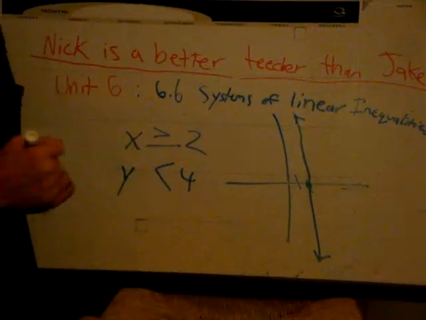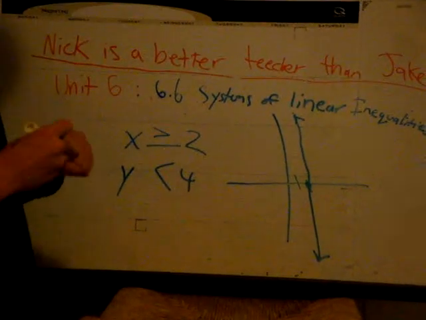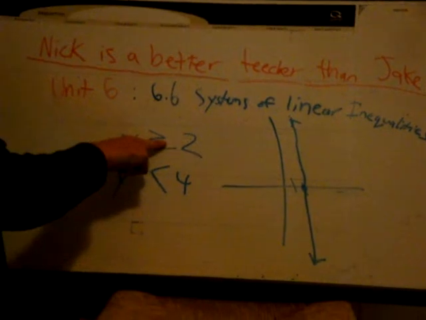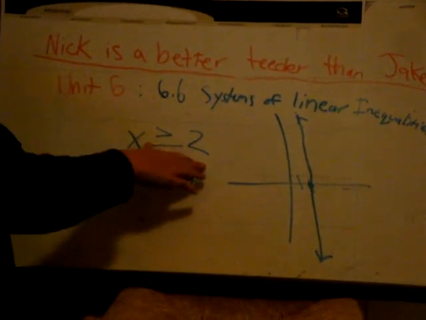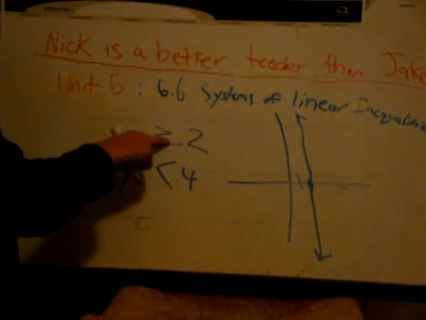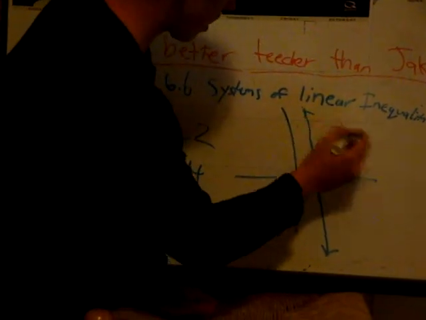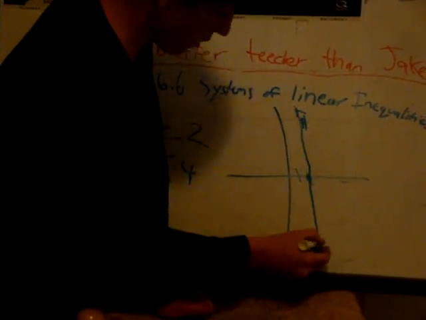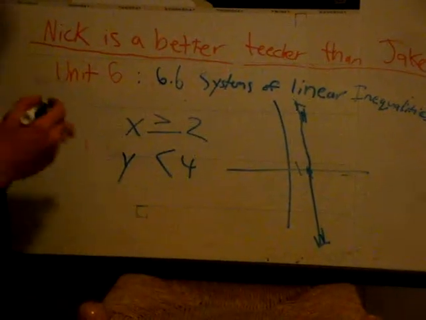The way I remember it is with the greater than or less than sign, whichever one it's pointing to, that's the way you shade it. So it's pointing to the right, so we're going to shade the right. But we're not going to shade yet. We're going to make a note of it that we would normally shade this way.